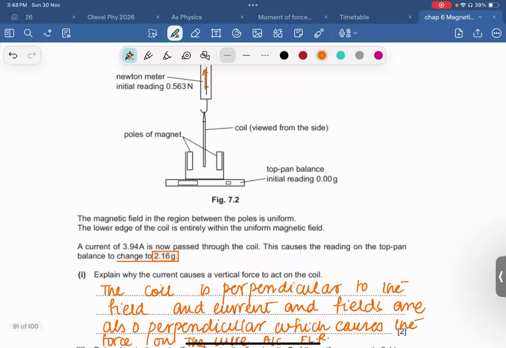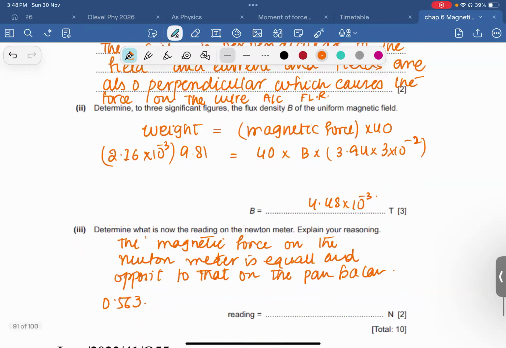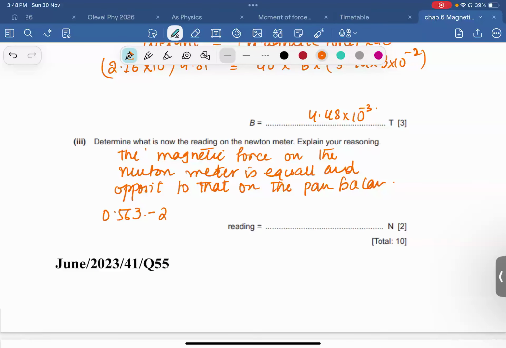If it is increased, then this will become larger, and you have to subtract that. So you have to subtract 2.16 times 10 to the negative 3 to convert it into kilograms, and then 9.81, for the force.